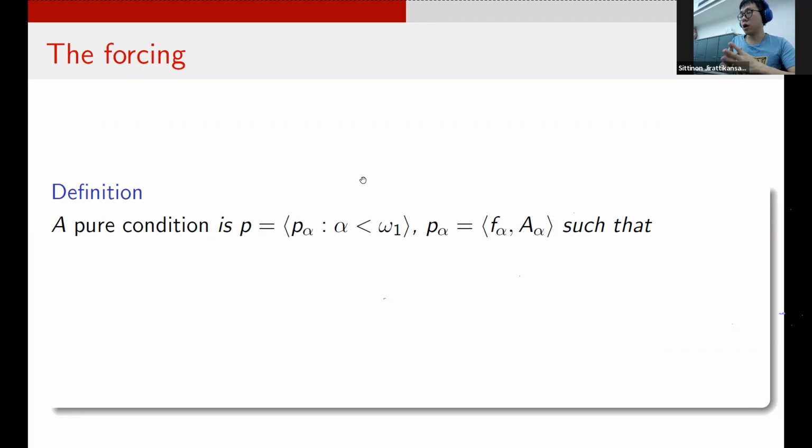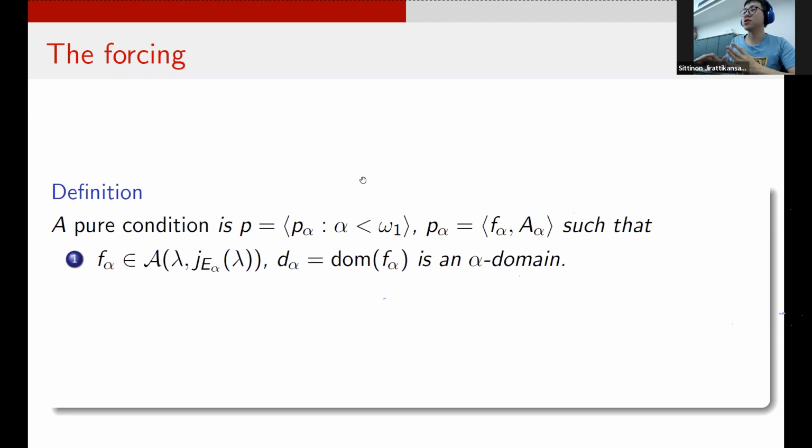Each coordinate p_alpha is going to be an ordered pair (F_alpha, A_alpha), such that F_alpha is a partial function from J_{E_alpha}(lambda) to lambda, such that the domain of F_alpha is actually a domain.